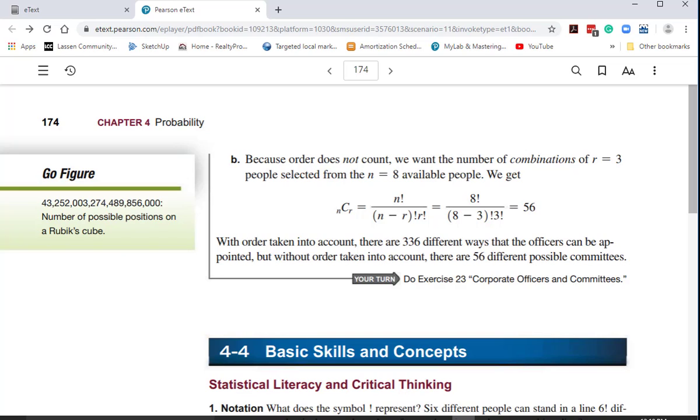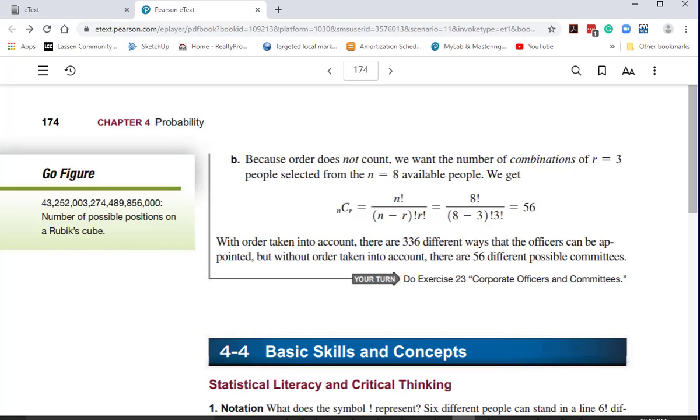That's 8 factorial. And this one is out of 8 minus 3. I have 3 choices out of 8. It's going to be 56. You may not have noticed that, but if you line up 8 people and you got to put 3, a 1, 2, 3 is different than a 3, 2, 1, right?